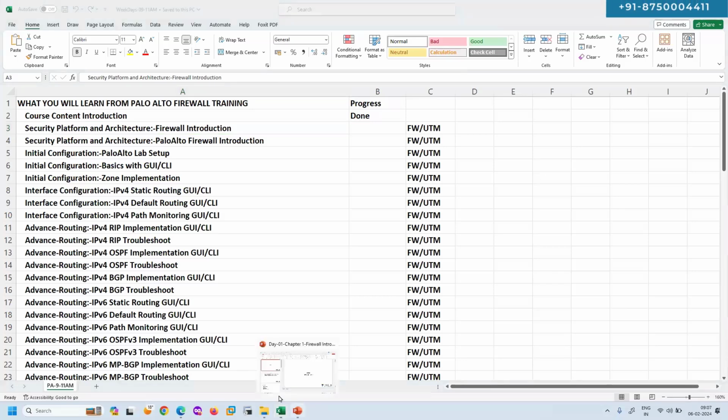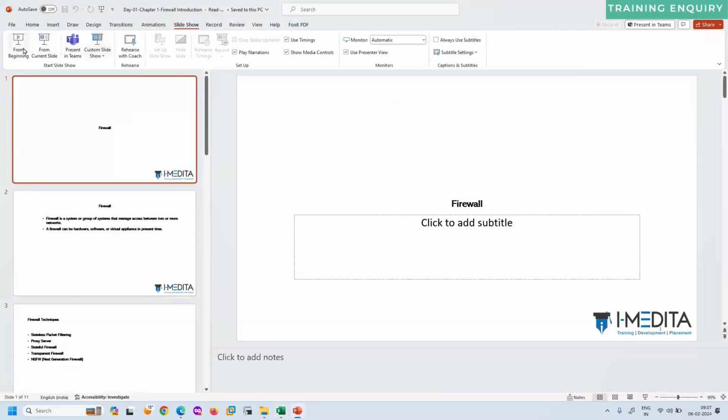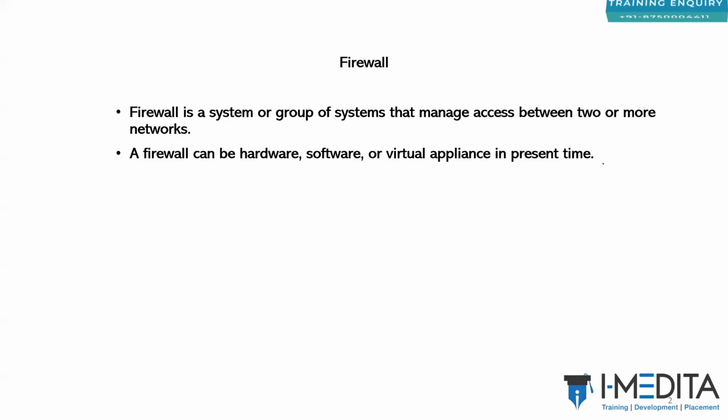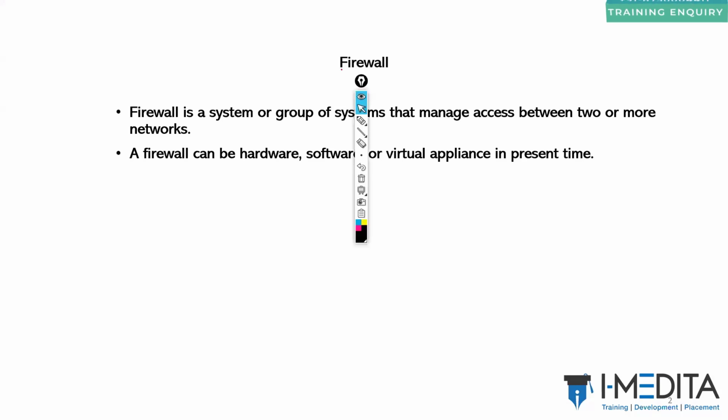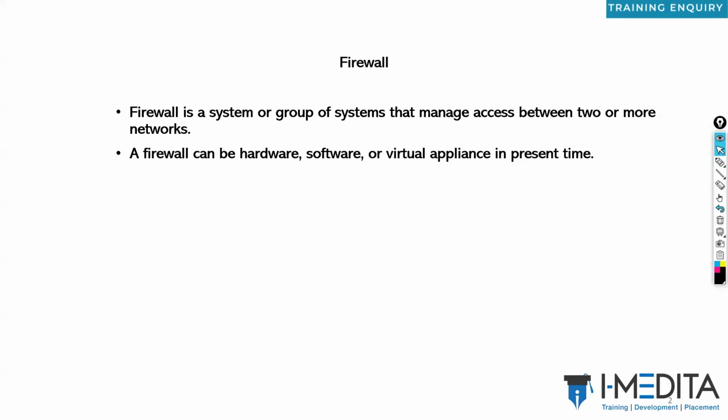To understand it, we have a slide in front of you. Now what do we want to learn? We want to learn what a firewall is. To understand it, first of all, we will go through a diagram where we have PC1 connected with router 1.